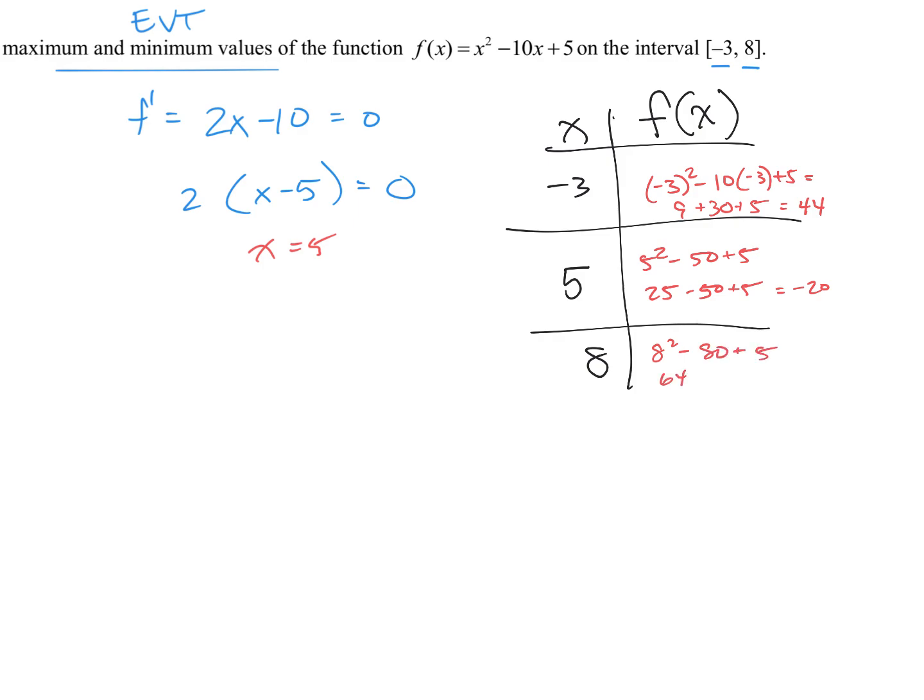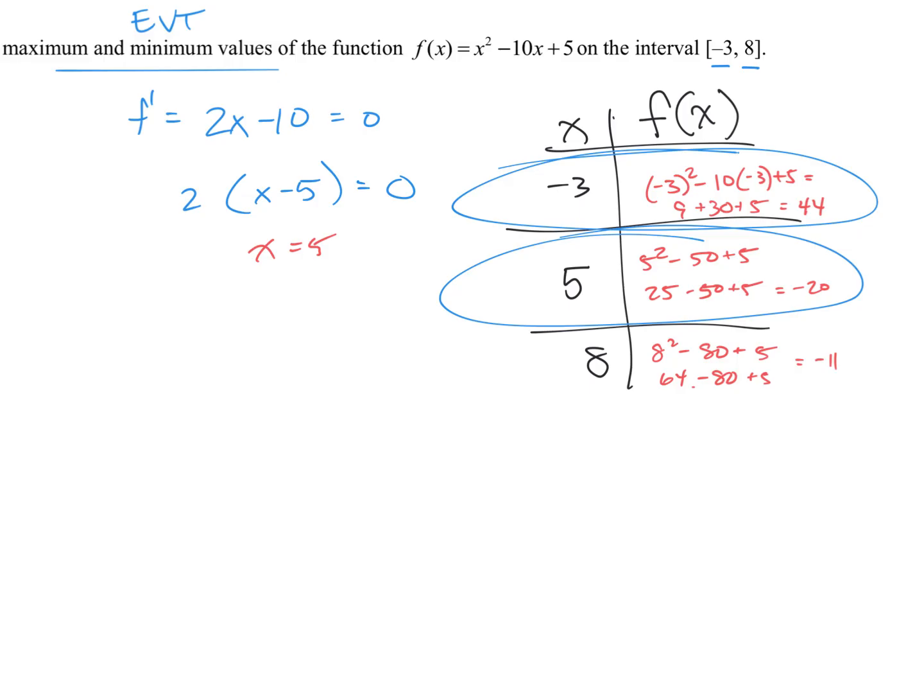We got 64 minus 80 plus 5. 64 minus 80 is negative 16. Negative 16 plus 5 is negative 11. Oof. And we're looking for the absolute max. So our absolute maximum is at x equals negative 3, and our absolute minimum is at x equals 5.